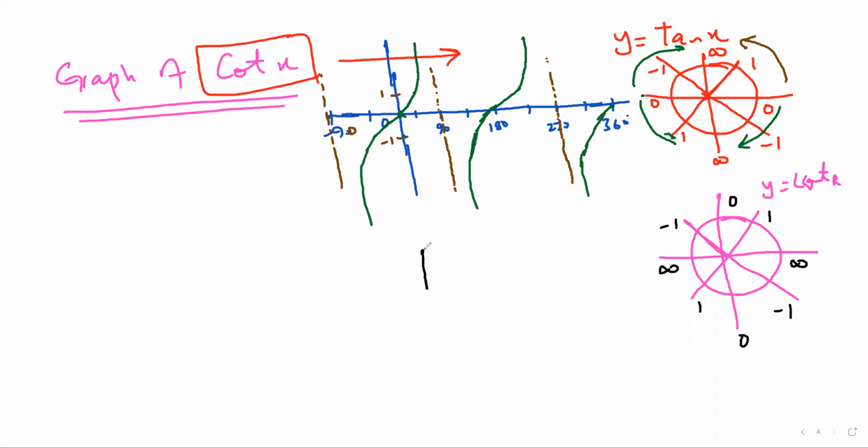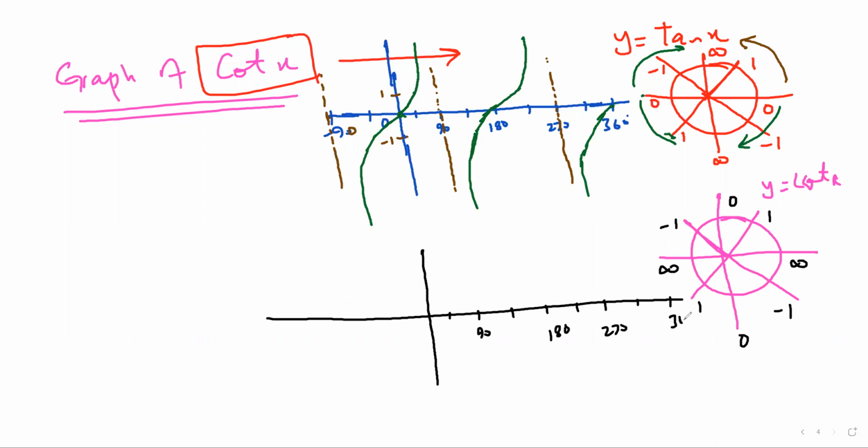So here is my vertical axis, here is my horizontal axis, and I'll try to keep those values exactly below this. Here I have 90, then 180, then 270, and then 360. And here I have my -90. Here it is 1, here it is -1.